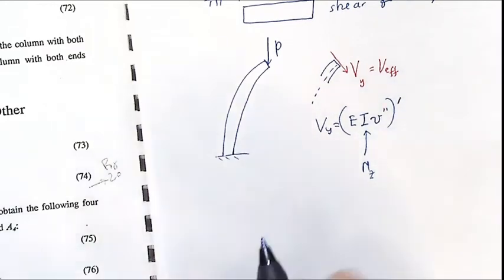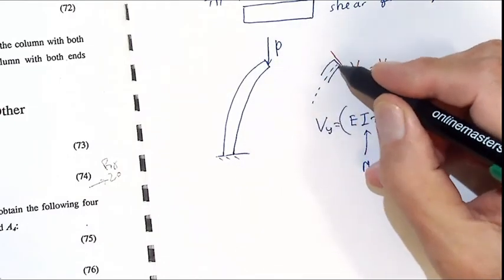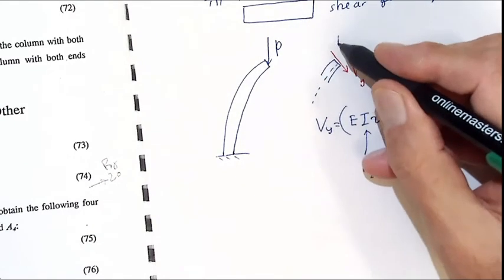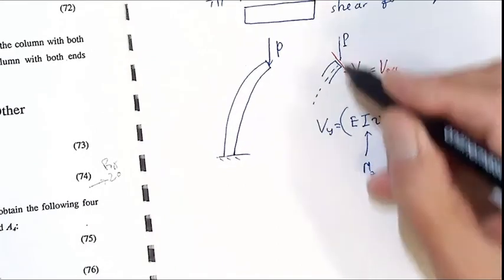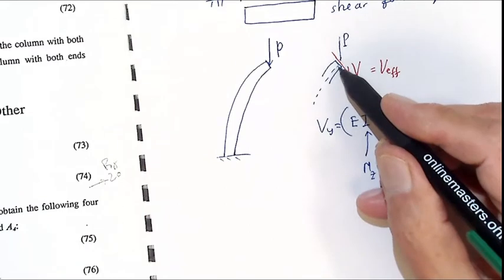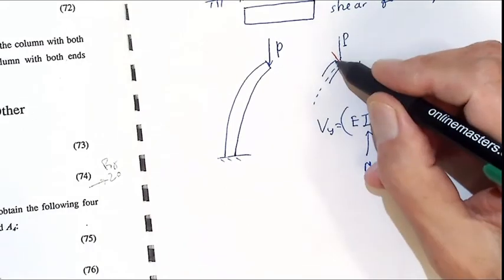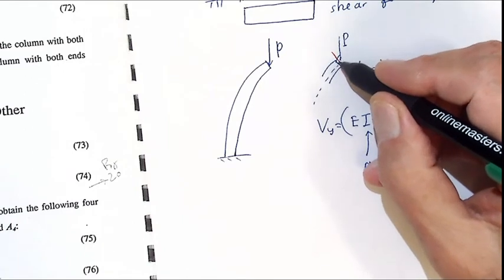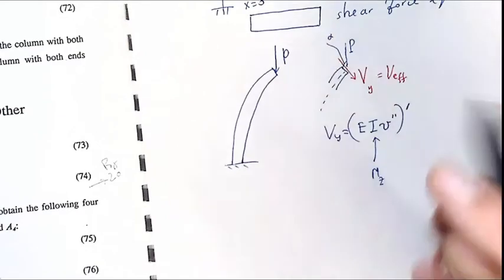Okay? But here, because this load projects in this direction, we should multiply by the cosine of this angle. So the angle, say alpha.